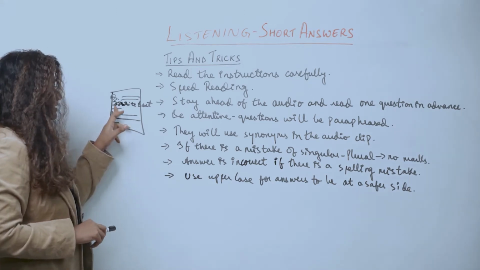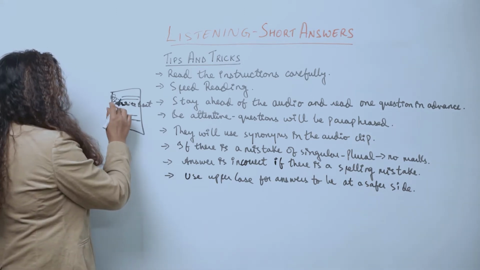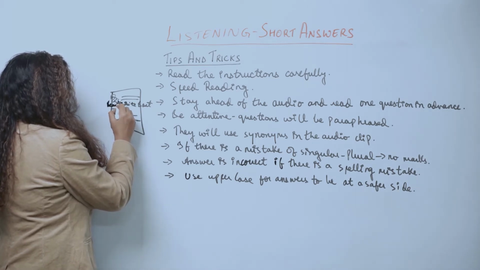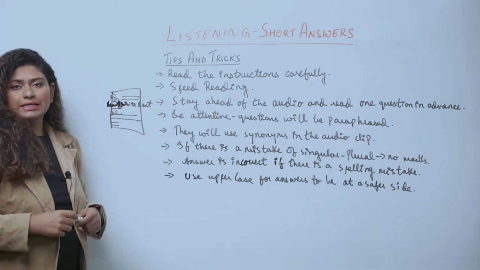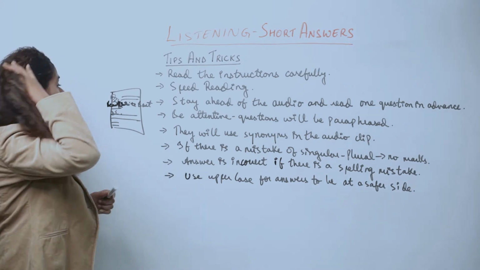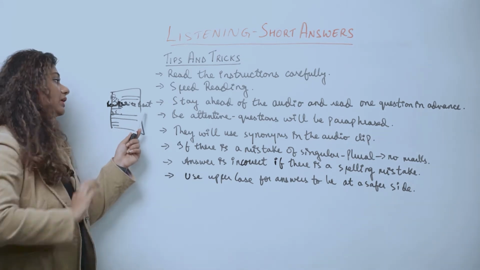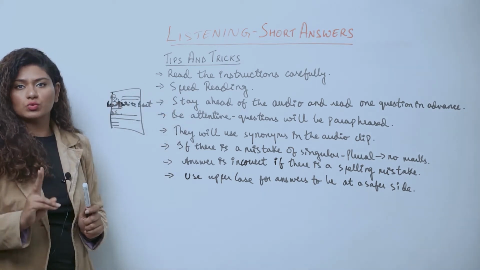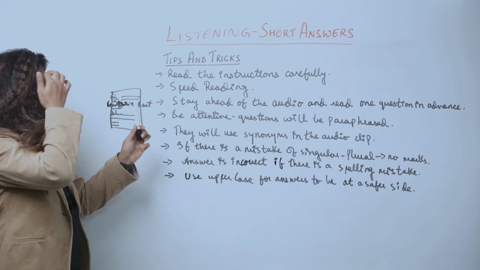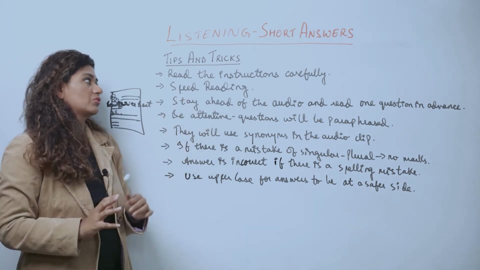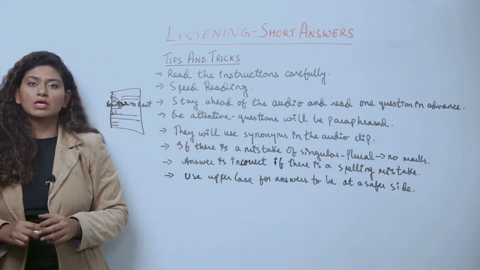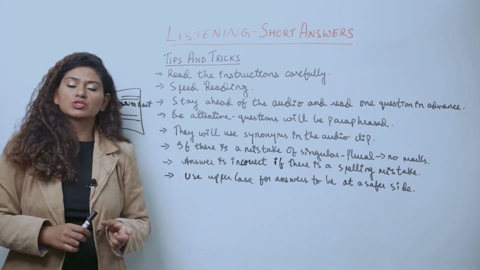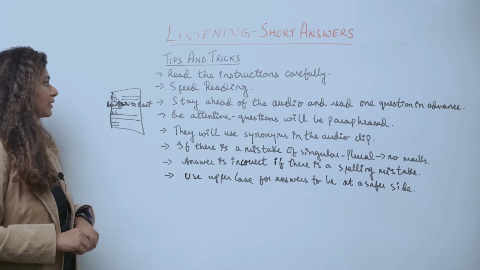But if it doesn't, if you answer here beautiful whiteboard, then it is going to be incorrect. Why? Because you have used 3 words here, whereas the instructions said only 2 words. So that's why it's more important for you to read instructions, because through instructions you know what would be the word limit or the number limit to give your answers.